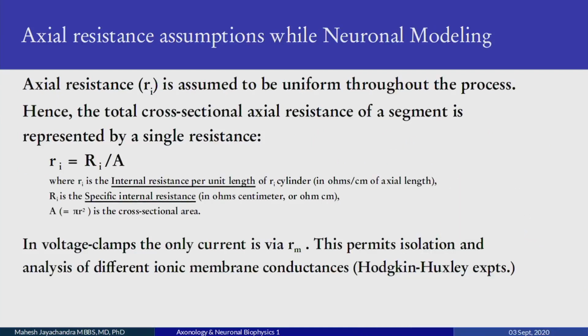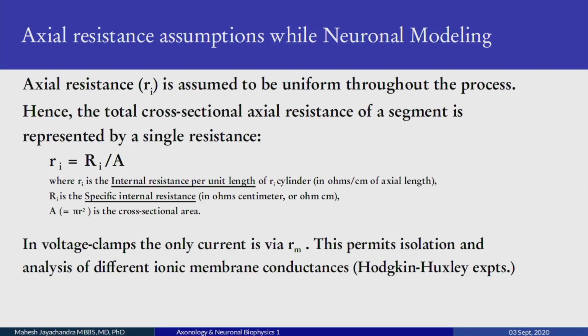The other thing is axial resistance, that is the resistance through the longitudinal axis of the axon. It's assumed to be uniform through its process. Hence, the total cross-sectional axial resistance of a segment is represented by a single resistance. So R subscript I is equal to capital Ri, which is a specific internal resistance, divided by the cross-sectional area. Keep in mind that the units for internal resistance are different from the specific internal resistance.